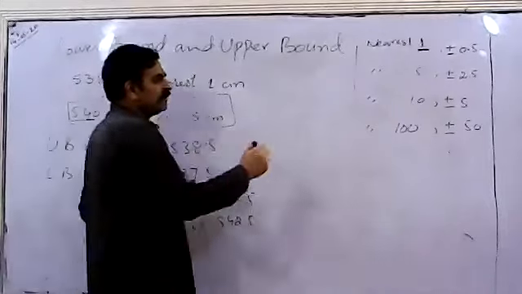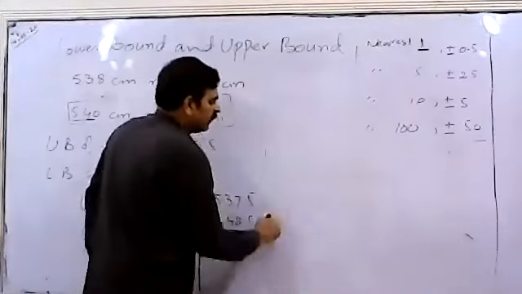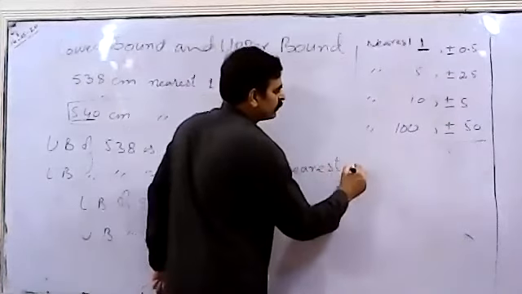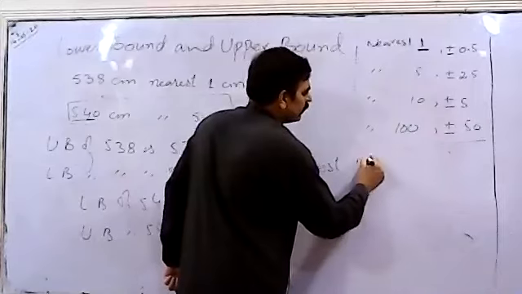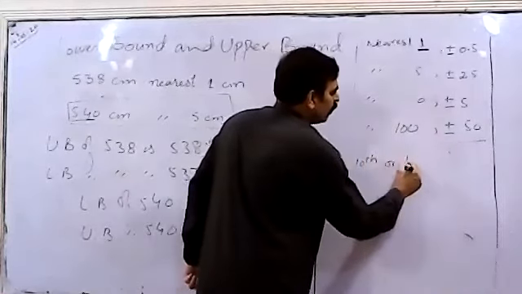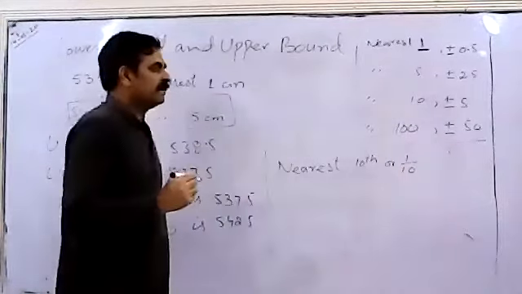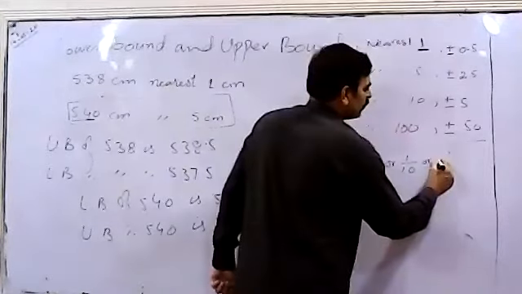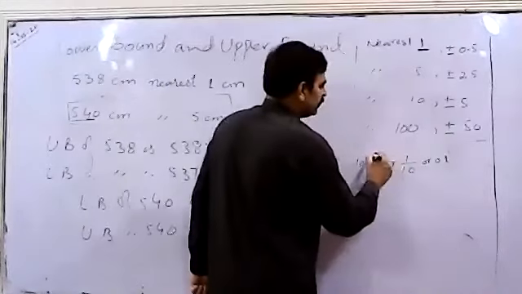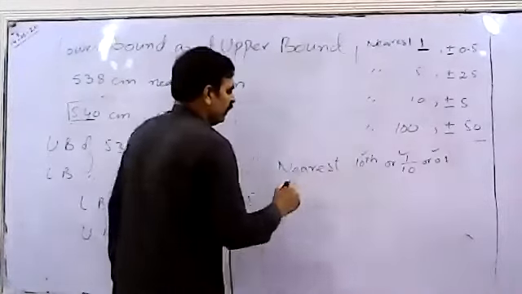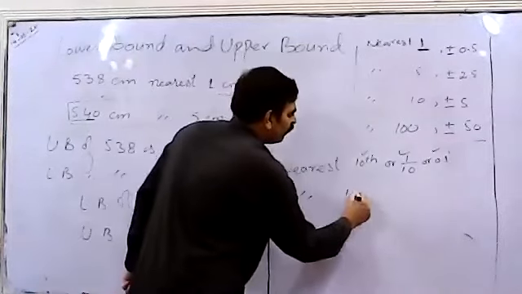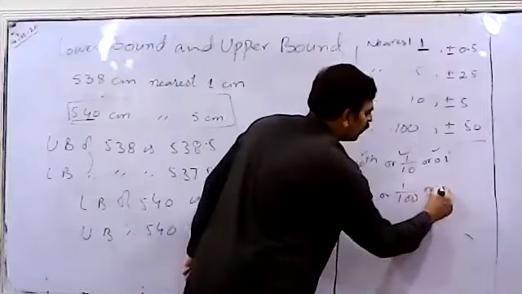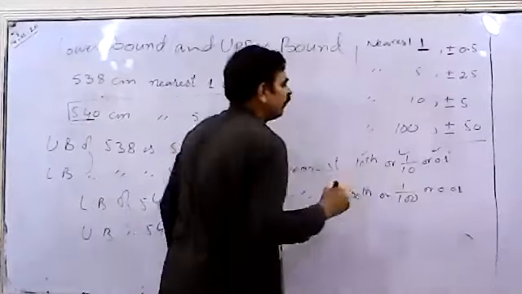Students, one more thing, if the value is written nearest tenth or 1/10, maybe it's written 0.1, these three values have the same meaning. If it's written hundredth or 1/100 or 0.01.